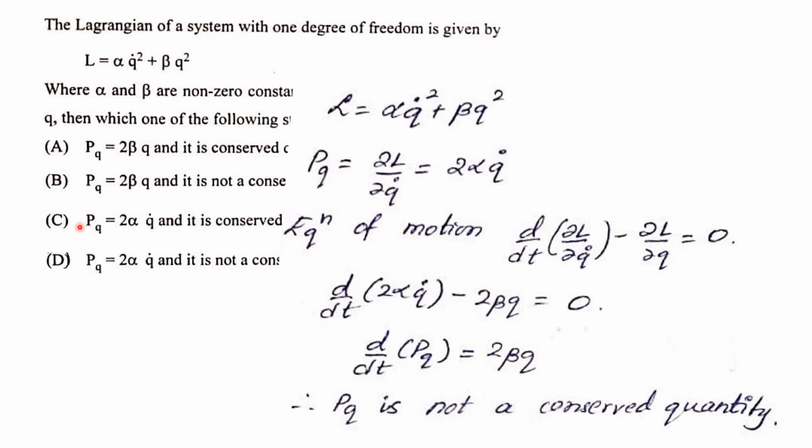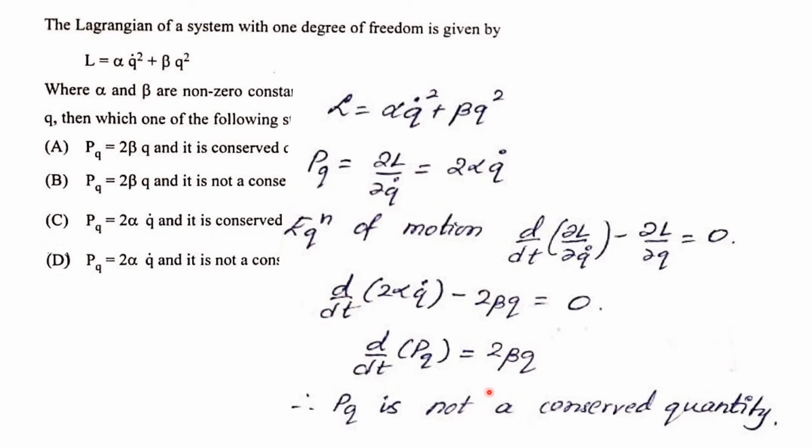Then in C and D options pq is 2 alpha q dot. In option C it is given that it is a conserved quantity, and in option D it is given that it is not a conserved quantity. To check this one, we need to write the equation of motion, that is d by dt of dou L by dou q dot minus dou L by dou q is equal to 0. So dou L by dou q dot is 2 alpha q dot, and dou L by dou q is 2 beta q.